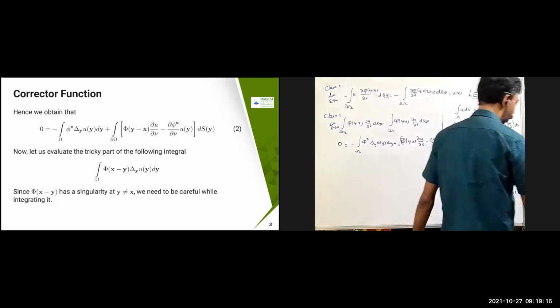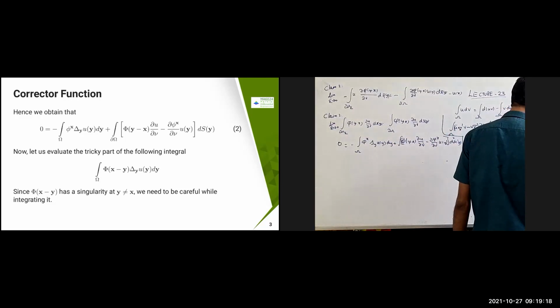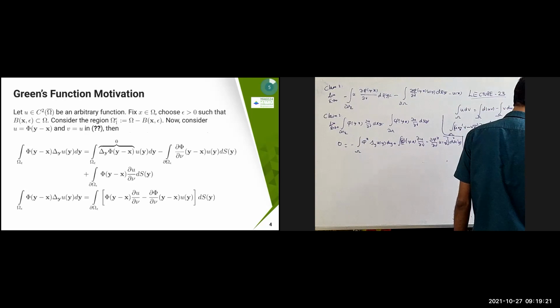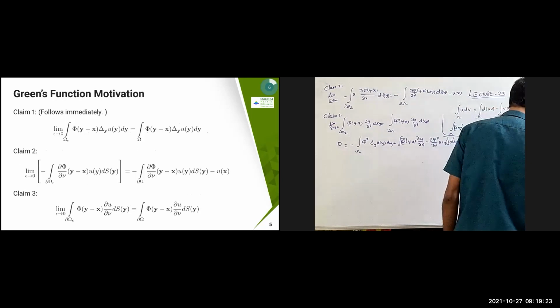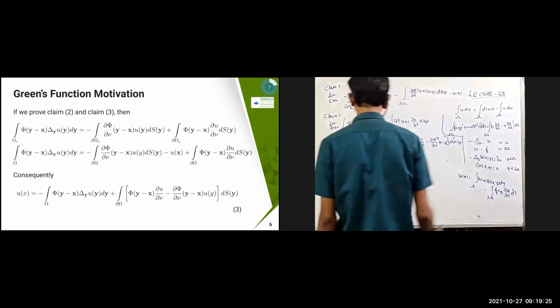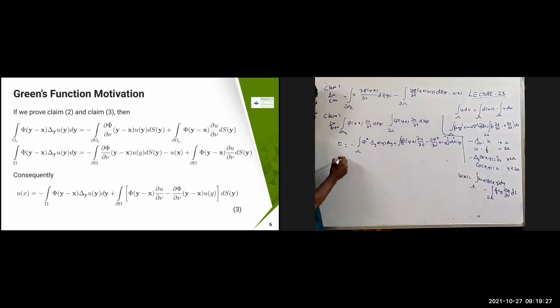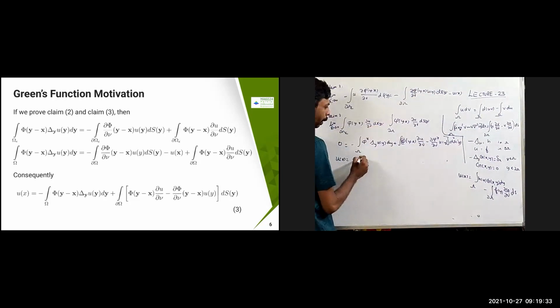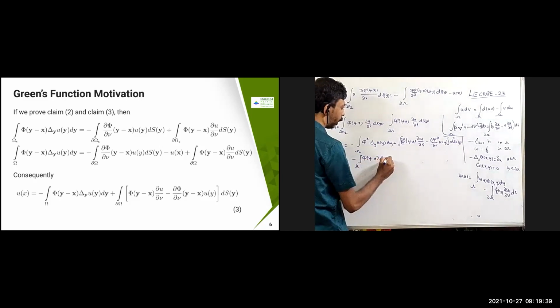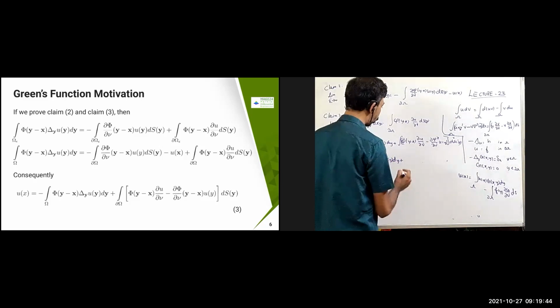This is going to be there. Okay, now we evaluated this for pi of x minus y. Since there is a singularity, it produced a pi product called u of x. Okay, so using this we got a pi product. So it is going to be u of x equal to, okay, minus integral over omega of capital pi of y minus x del y u of y into dy plus I'm going to have a similar kind of term.